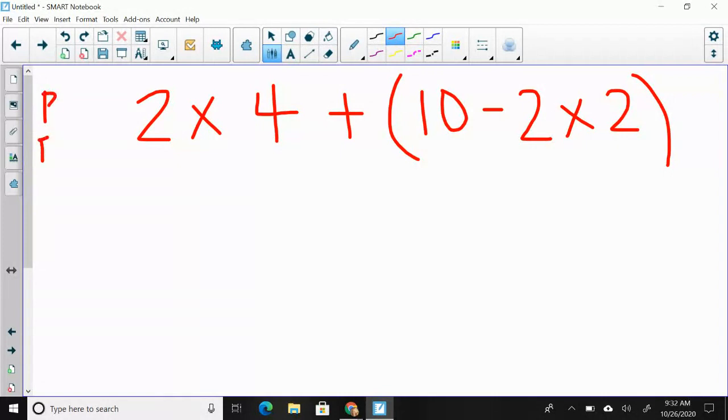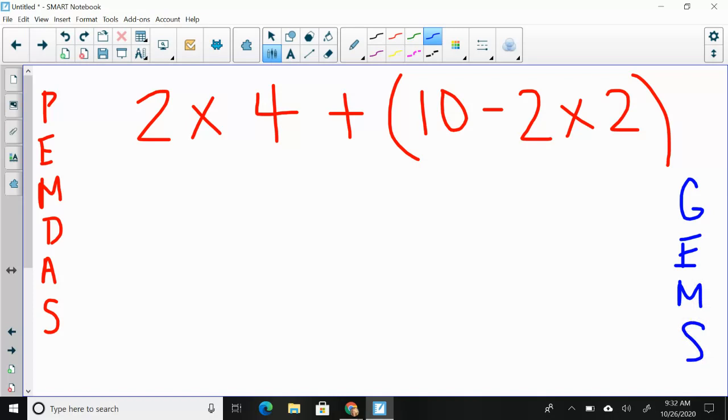So we can say PEMDAS, or we can use GEMS. And I'll write GEMS over here on the side. Okay, so if we're using PEMDAS, we are looking for parentheses. If we're using GEMS, our parentheses could be considered a group. So do we have any parentheses or groupings?